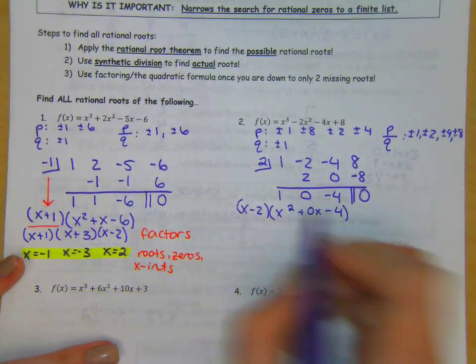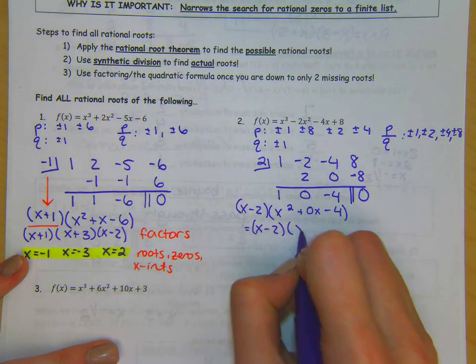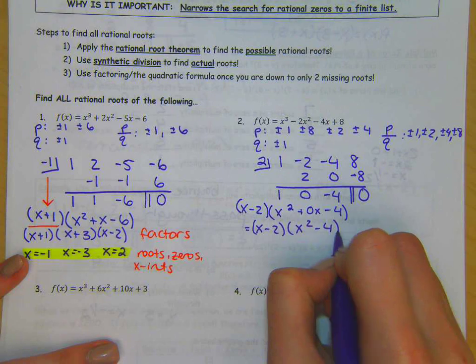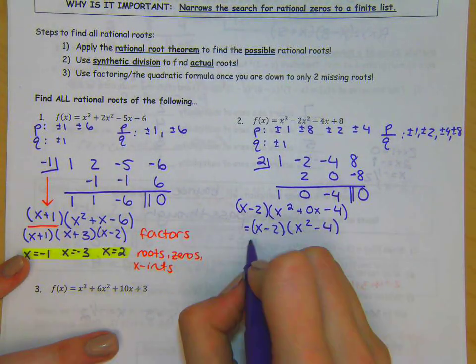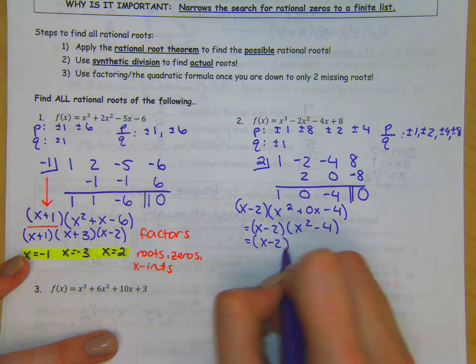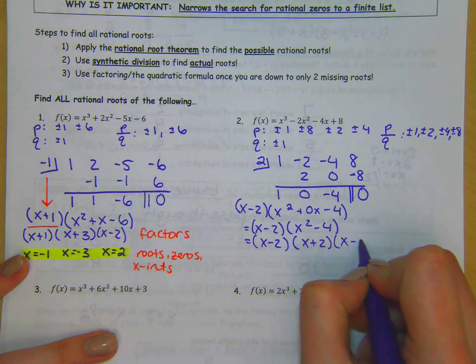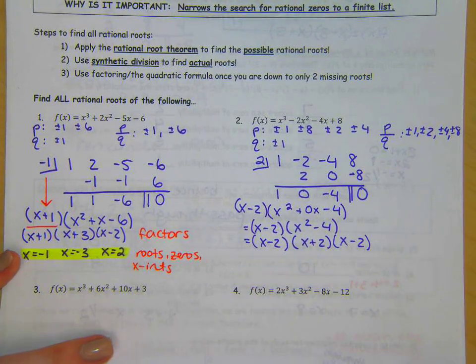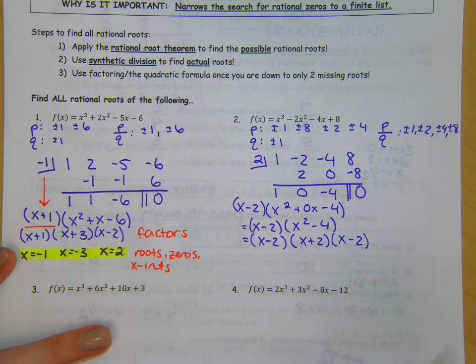I'm going to rewrite this as x minus 2, get rid of that 0x, x squared minus 4. I want to factor x squared minus 4. That's a difference of squares. So I have x minus 2. When we have a difference of squares, our factored form is x plus 2, and just the possible factors of -4, 2 and positive 2 and -2 for those ones.